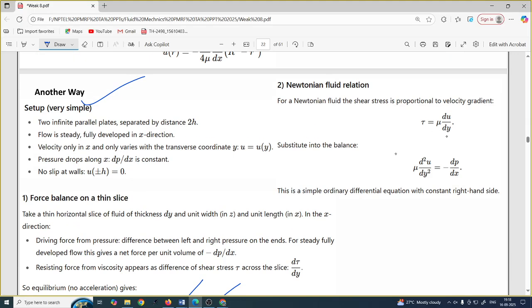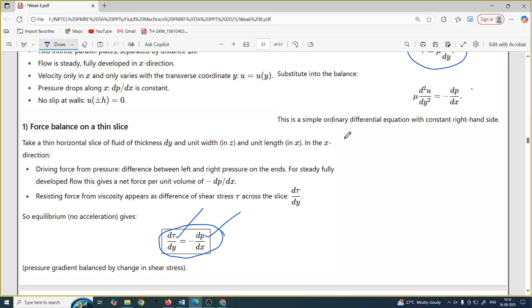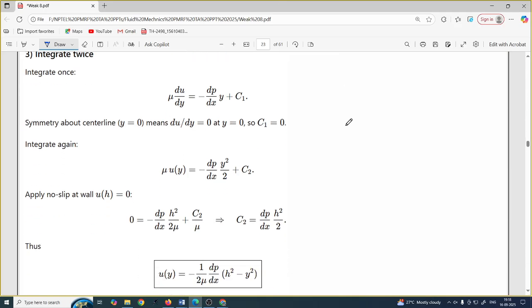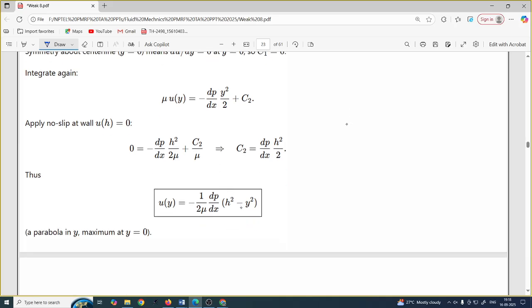You just put tau is equal to mu du by dy in place of tau, because we have assumed a Newtonian fluid. So we will get these equations, and after that you will integrate, and after integration you will get the final expression.